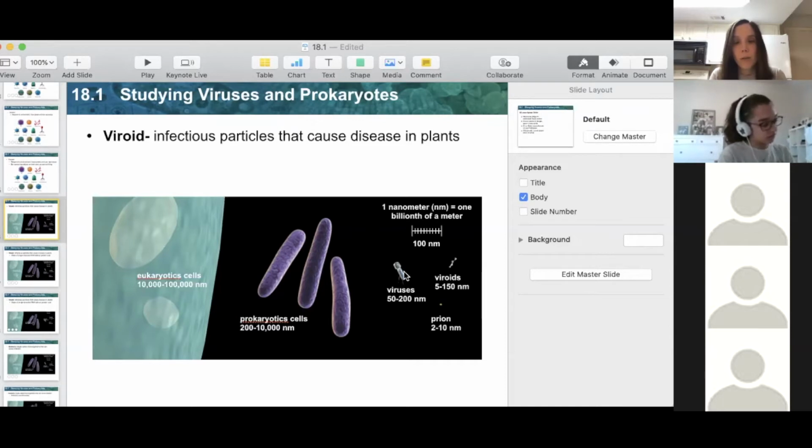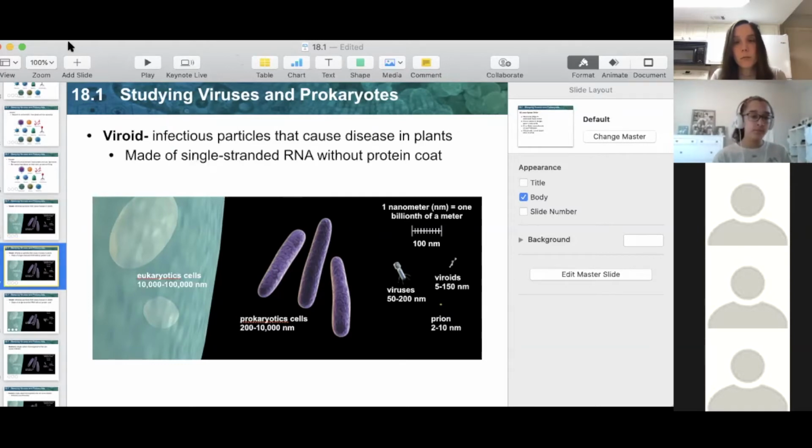But even smaller than a virus is a viroid. So a viroid is an infectious particle that can cause disease in plants. A viroid is made of a single strand of RNA without a protein coat.